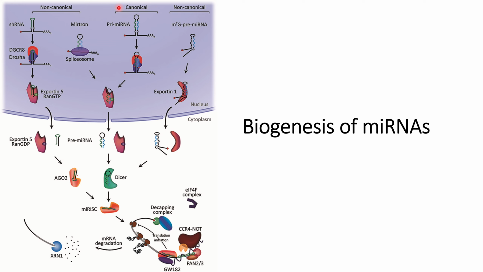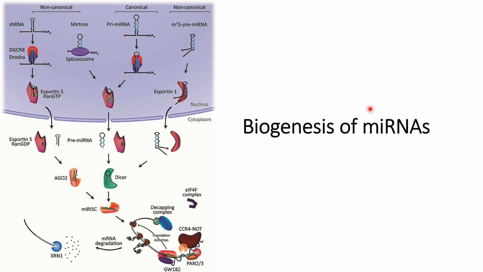Before going to these different pathways, we need to understand that microRNAs can be intragenic. That is, they can be formed mostly within the intron or non-coding part of the gene, or sometimes the coding part or exon of the gene.